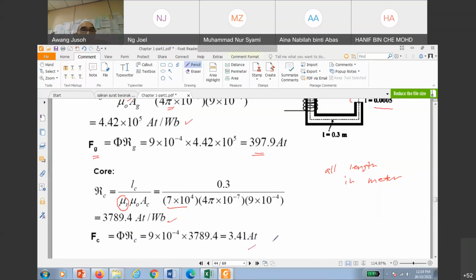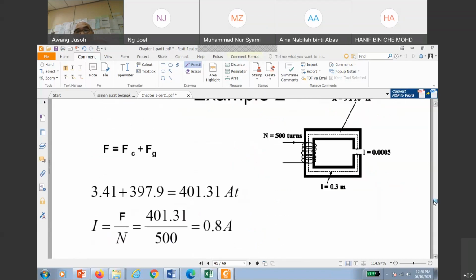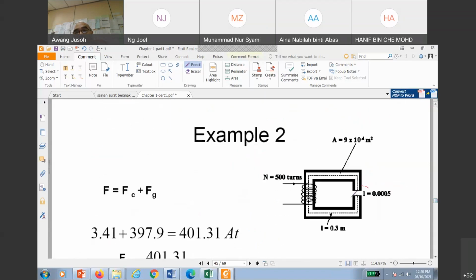Now if you see these two values, for this circuit, F_G, the MMF, is very big, 397, compared to the core, which is only 3.41. How many times can you divide? And that's why you can see that in a magnetic circuit, all the energy is stored in the air gap. Normally in our calculations later on, we just neglect the core. So even though the circuit has the core, we just focus on the air gap only.